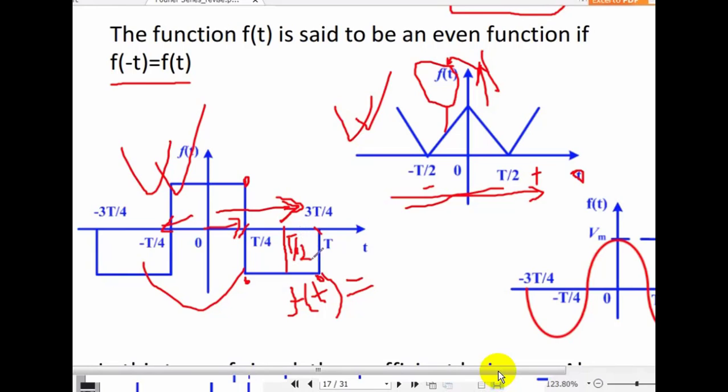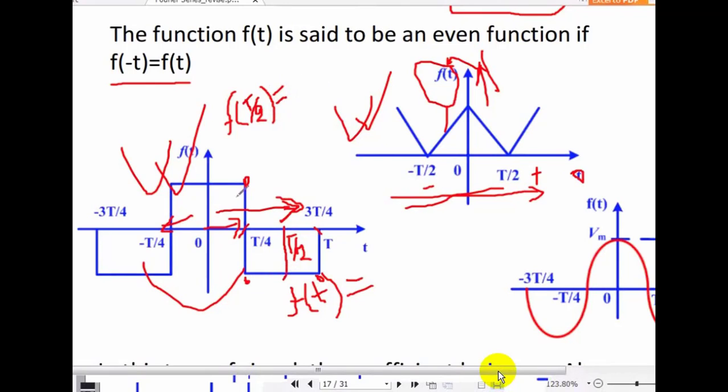This is T by 2, isn't it? So you have to write down f of t by 2 equals to, what is the value here?